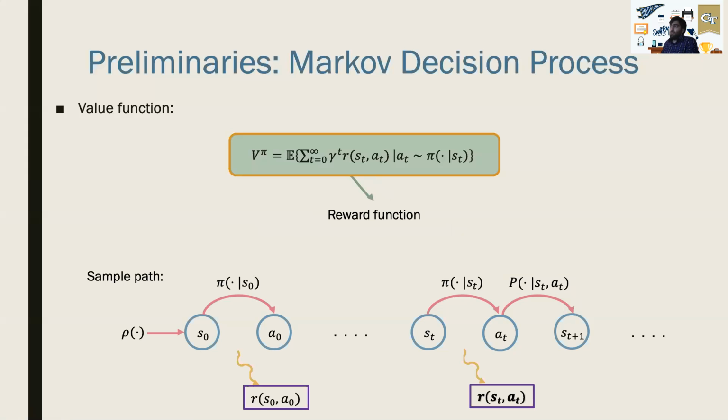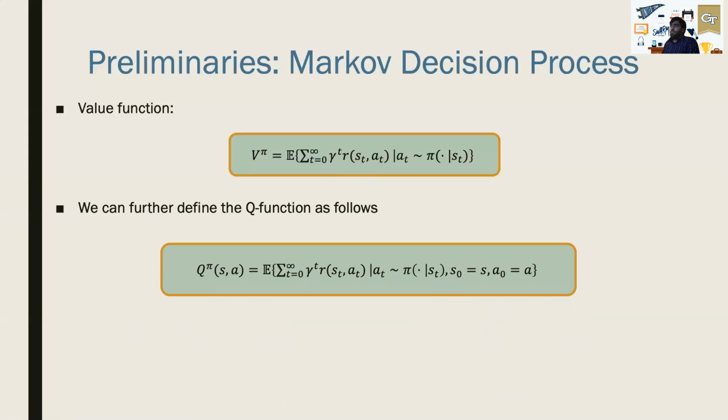Also, I denote the reward at each time step by r(s_t, a_t). There is also a discount factor, so that instead of summing up all the rewards, I discount them in order to make sure that V^pi does not blow up to infinity. We can also define the Q function the same way as the V function, except that in the expectation, we condition on the first state and action.